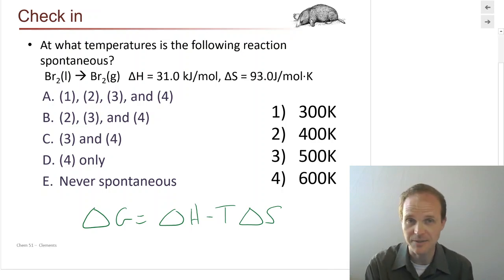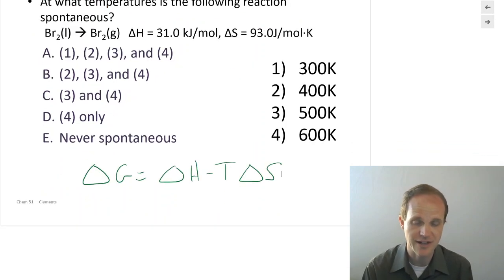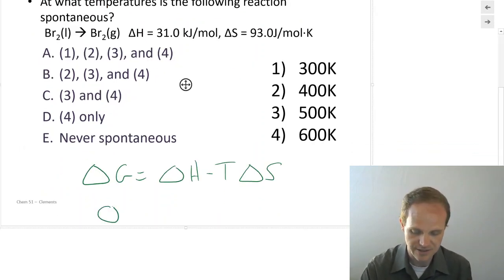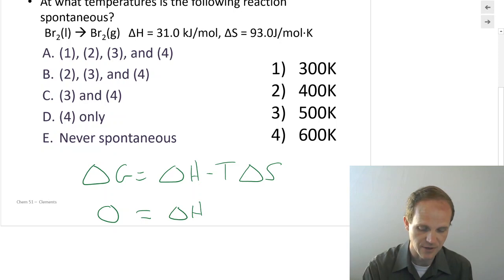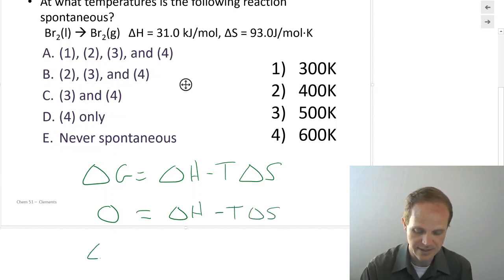I'm going to cheat a little bit, and I'm going to say, hey, look, I know this reaction's at equilibrium when delta G is equal to 0. And I know if I'm on the right side of equilibrium that this will all work out. So I get delta H is T delta S, if I just move that over by adding it to both sides.